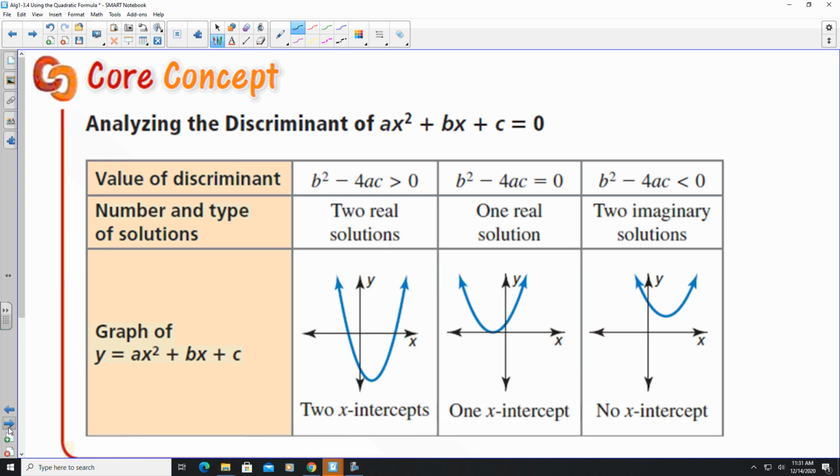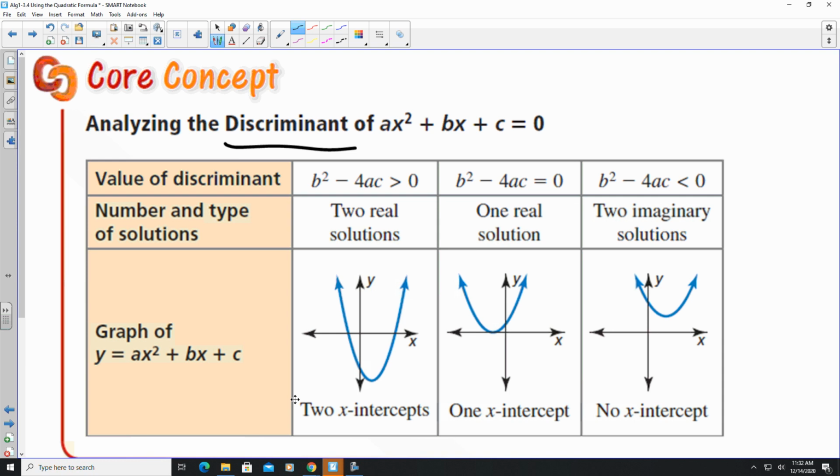The last thing we're going to take a look at is analyzing what is called the discriminant. The discriminant is what's inside the square root of the quadratic formula, so the b squared minus 4ac. And what that determines is how many solutions or how many x-intercepts a function has.